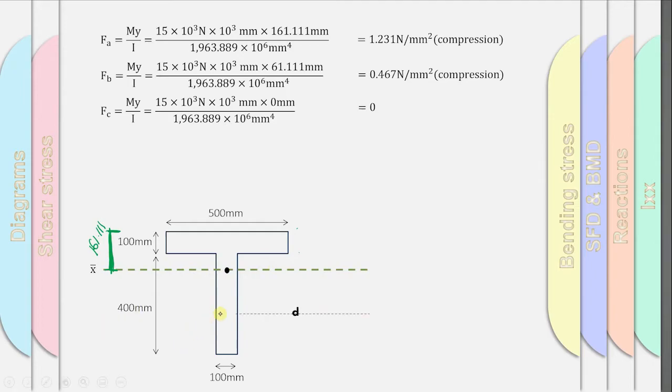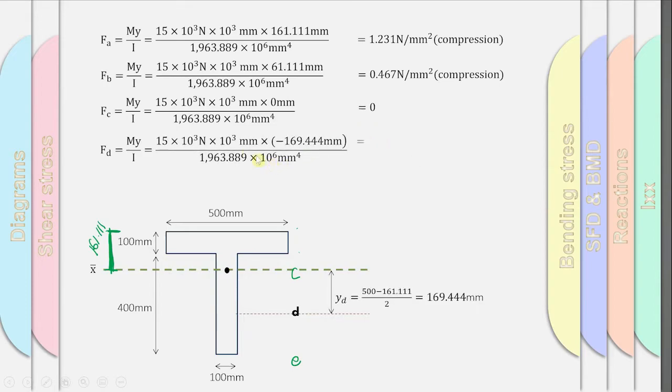Then for point D, we will see where it is. Point D, as I said, I divide by 2 between these two, meaning between point C and point E here I divide by 2. So I put point D here, and you see 169.444. How do I get this?